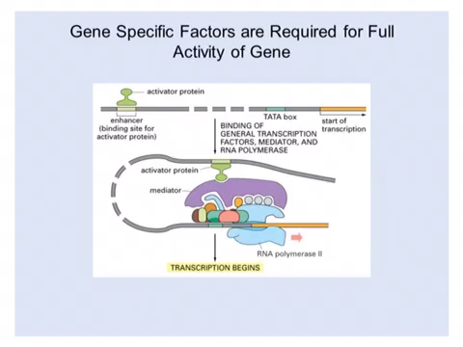Now, in addition to general transcription factors being required for initiation of transcription by RNA polymerase 2 for production of mRNA, there are also what are called gene-specific factors. And these gene-specific factors bind to regulatory sequences that are upstream or outside of the promoter region, and they are thought to help enhance the stability of the RNA polymerase and lead to enhanced transcription rates of a particular gene.